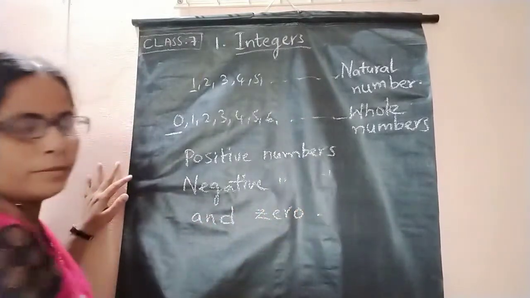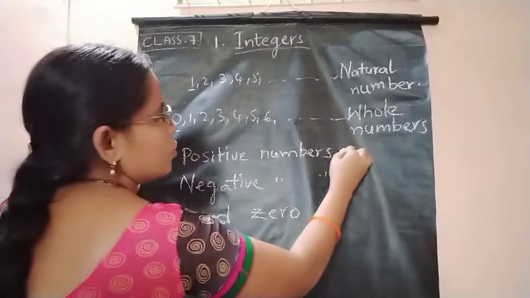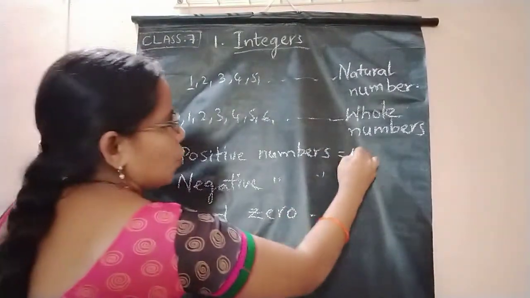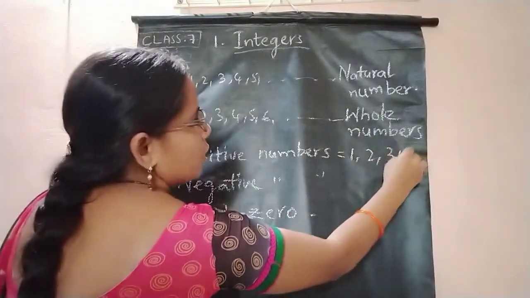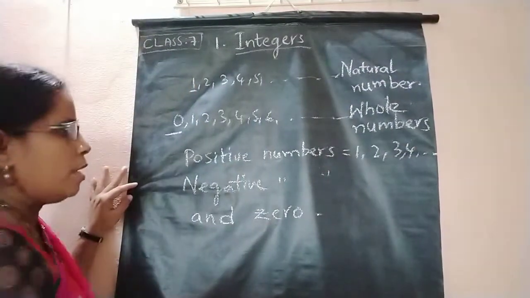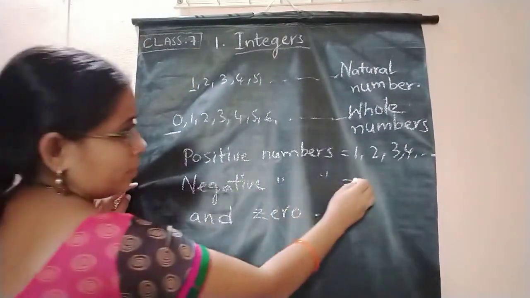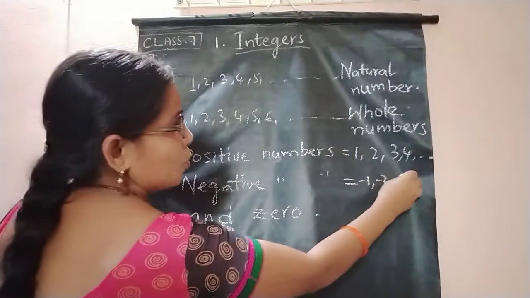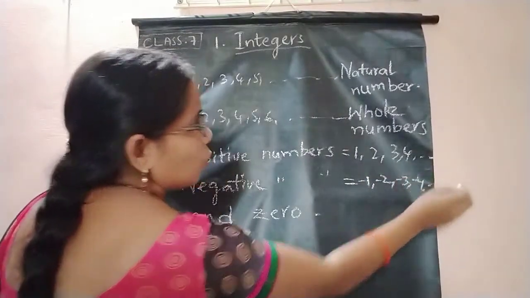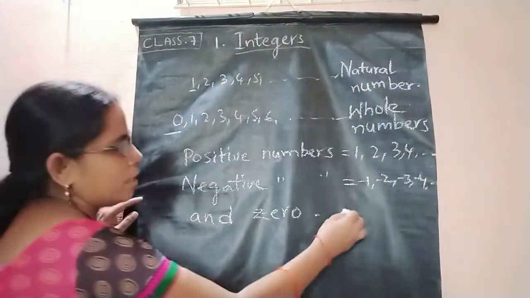These are called integers. Which are positive numbers? 1, 2, 3, 4 and so on. These are positive numbers. And negative numbers: minus 1, minus 2, minus 3, minus 4 and so on. These are negative numbers. And 0.